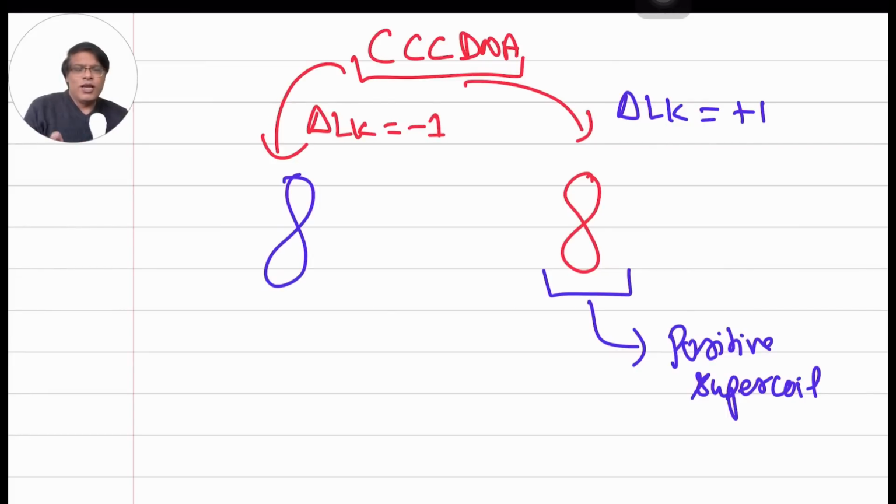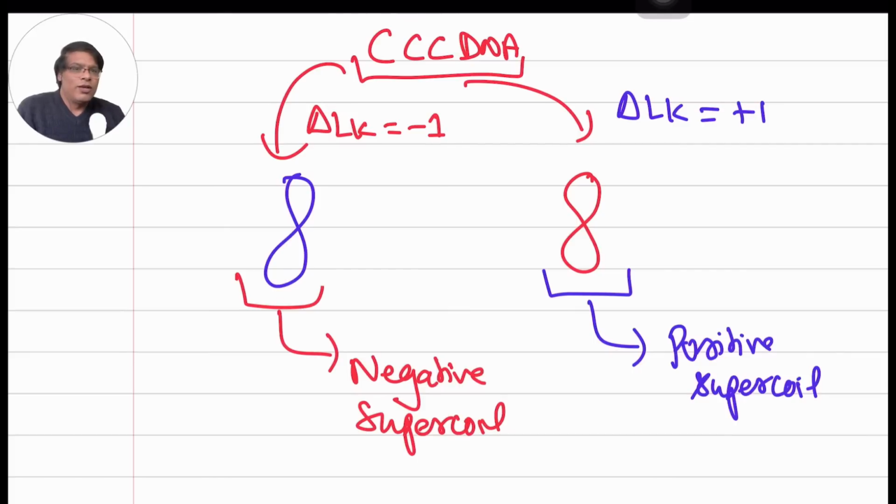Now let's look at another situation. Suppose you remove one coil, so you have changed the linking number by minus 1. Here you are going to see the formation of negative supercoil. What will negative supercoils look like? They are going to appear left-handed. So here you see positive supercoil and negative supercoil.